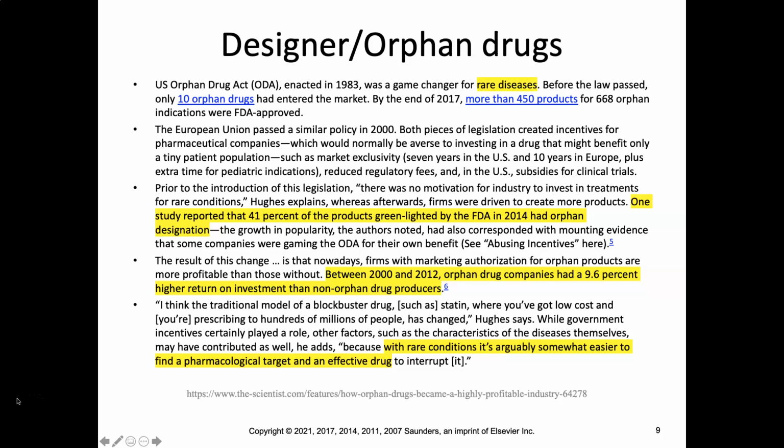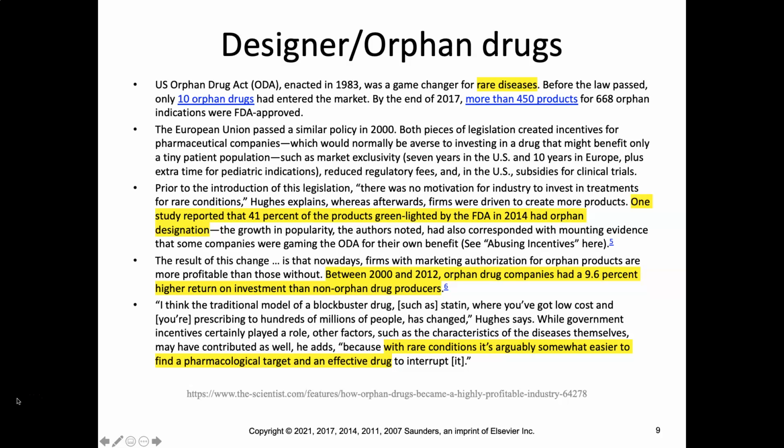Whereas if you're talking about something very specific and narrow, like cystic fibrosis, you have something much easier to target. So orphan drugs are a very positive change for those who have rare diseases, and the growth of those medications has been very beneficial.